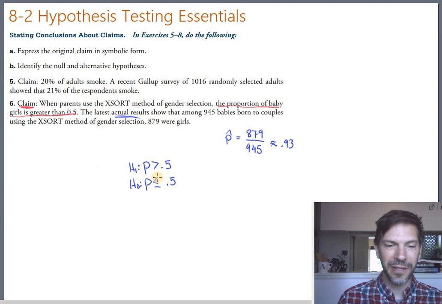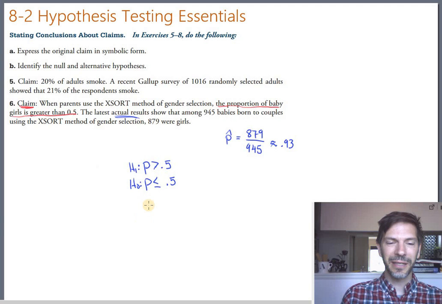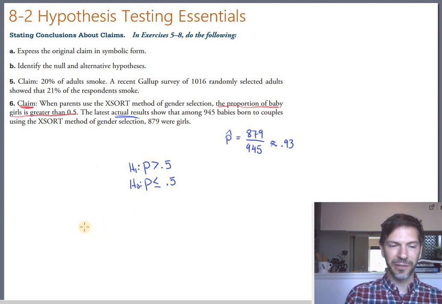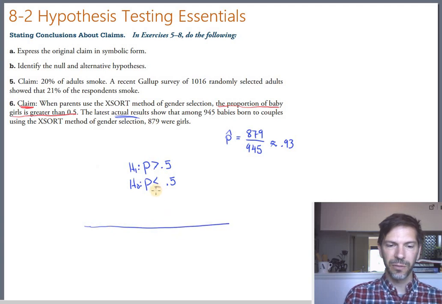The null said that it was less than or equal to 50%. The alternative hypothesis said it's greater than 50%. This came out way greater than 50%. Again, we're not actually going to draw curves to compute these, but if we did, we would base our curve on the null on 50%.